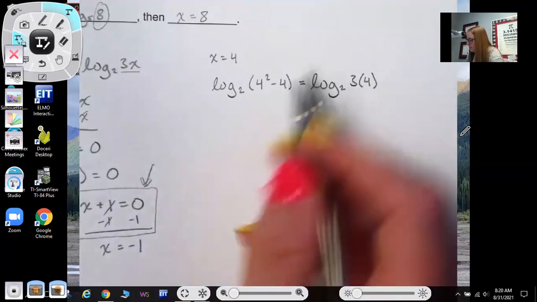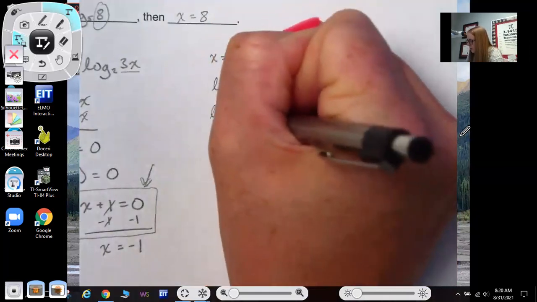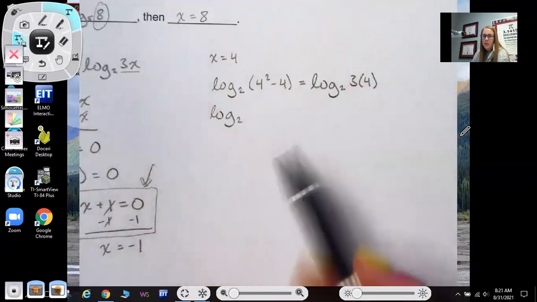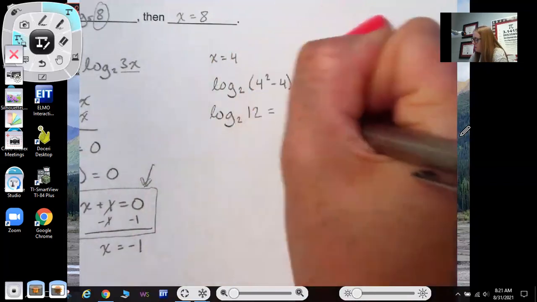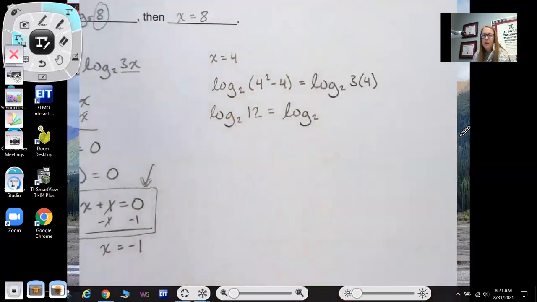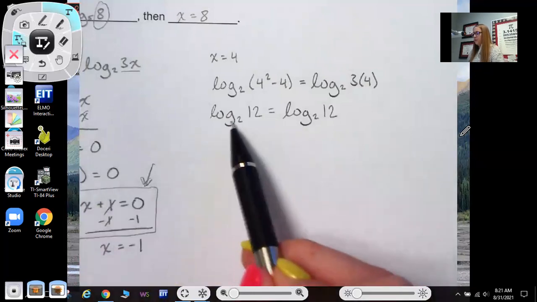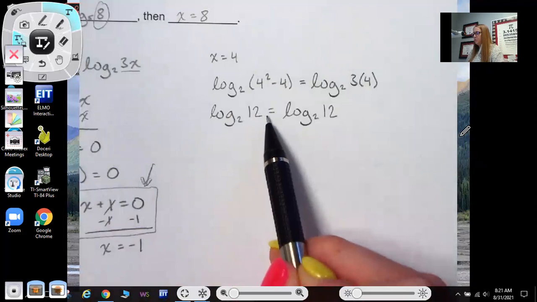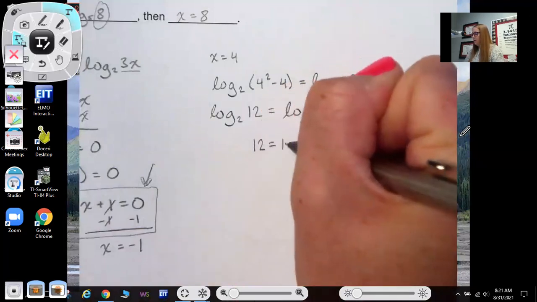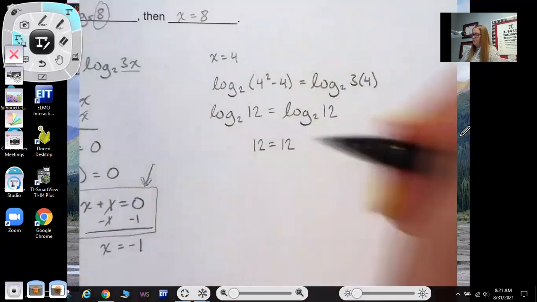Okay, let's do this little bit of simple math. 4 squared is 16, minus 4 is 12. And 3 times 4 is 12. So when we use our property that we're learning, because these logarithms have the same base and they're set equal to each other, we know that 12 has to equal 12, and it does, right? 12 equals 12.